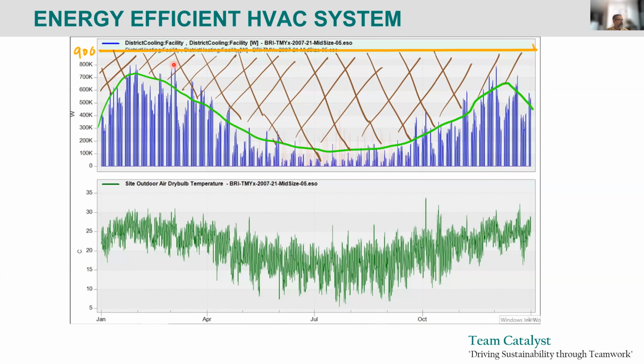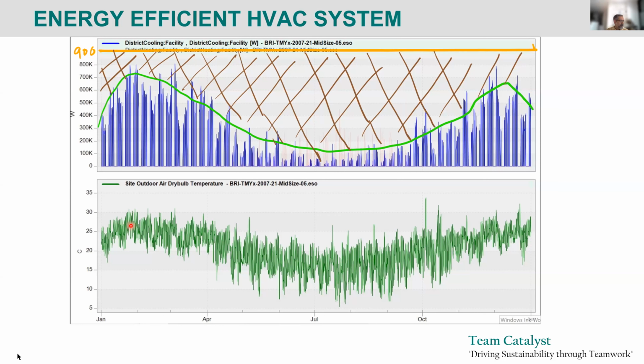And if you think about it, the job of an energy efficient air conditioning system is really to try to capture this difference. You have a large system in place, but you only need this much capacity at that hour. How can you provide that in an efficient manner? So this energy use is actually what you can save, okay?